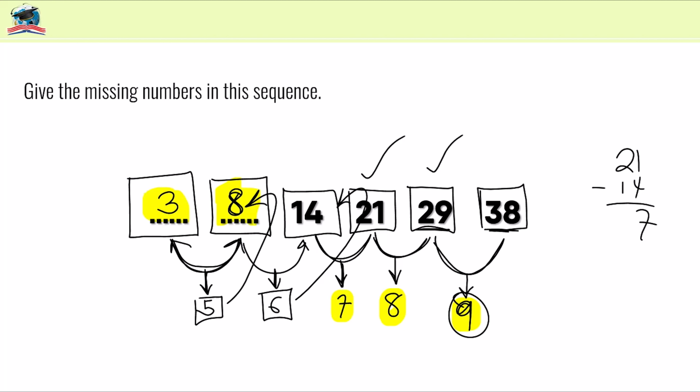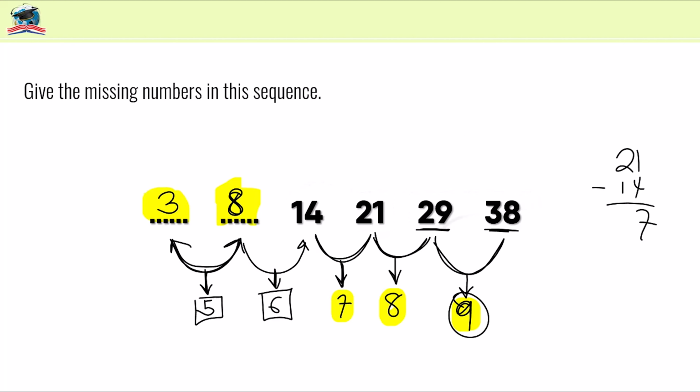Excellent. Okay, now let's tidy up and see what we've got. Now, if we remove this and this, and look at it again, if we add a 5 to this 3, it should give us an 8, which is what we've got here.